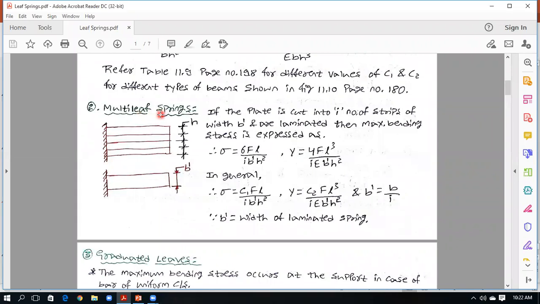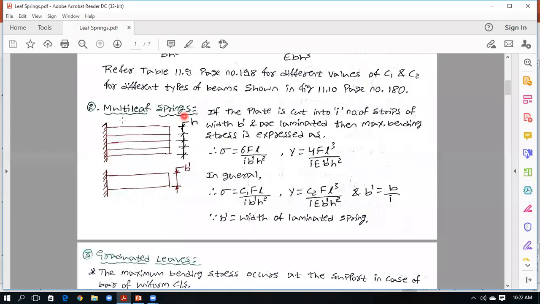Here I have not written the equation. Actually, B dash is nothing but B by I. This is equation 11.2a. If you take this term to the left hand side, therefore B is equal to I into B dash. This is equation 11.2a. It is given in the data handbook for multiple leaf spring.